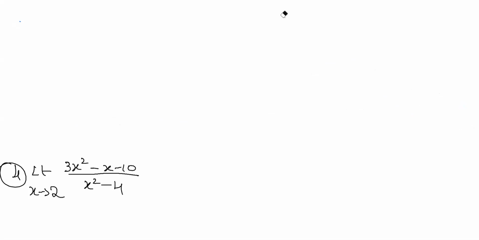First, direct substitution. If you do direct substitution, it comes 0 by 0. So we use the factorization method.